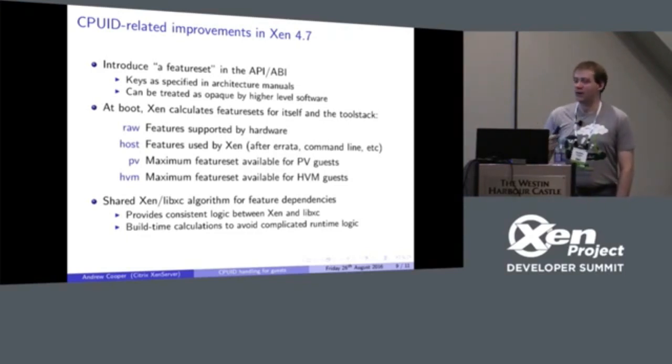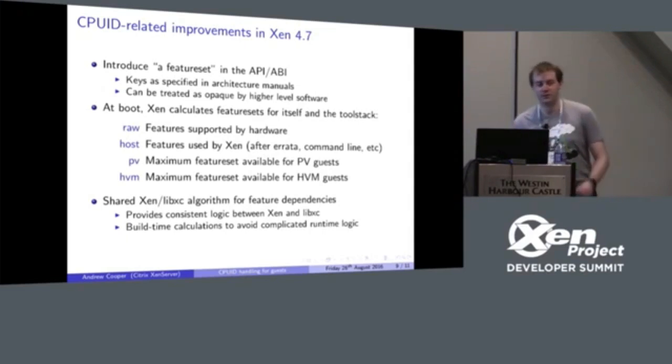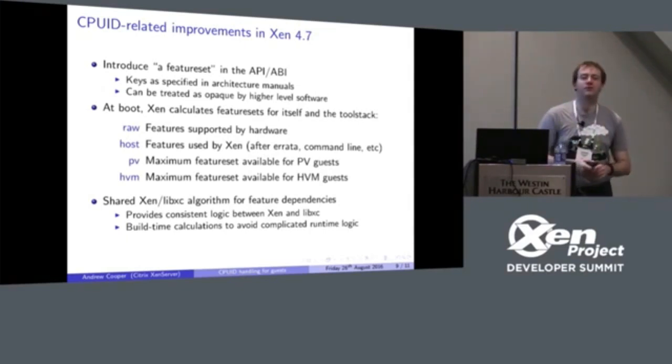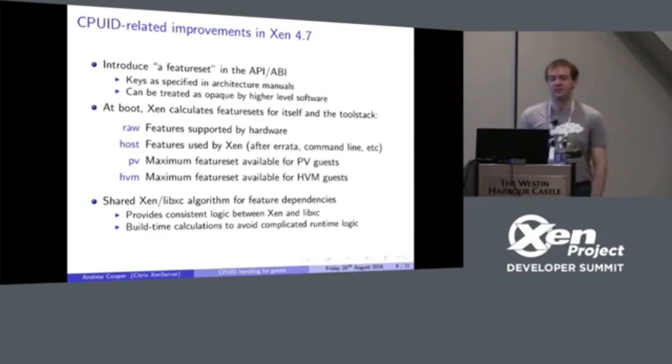So in particular, one of the bugs we had a couple of years ago was that you would migrate from an older version of Xen to a newer version of Xen on newer hardware, and suddenly the sixth feature leaf, the new one that Intel introduced, was suddenly available and unrestricted to the guest because it was passed straight through from hardware because the software didn't know about it.